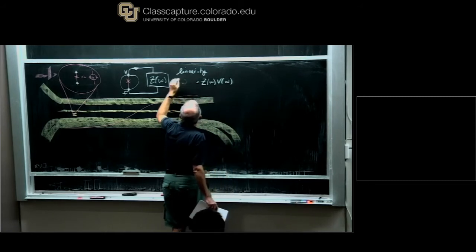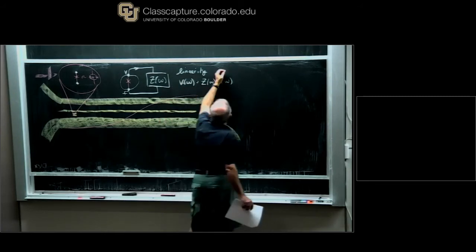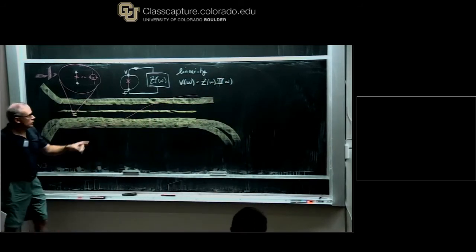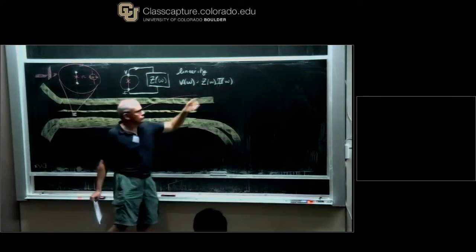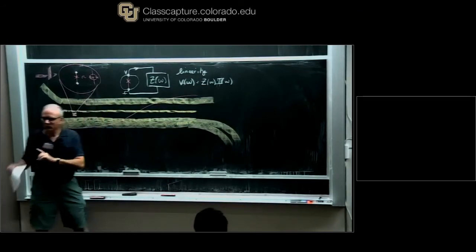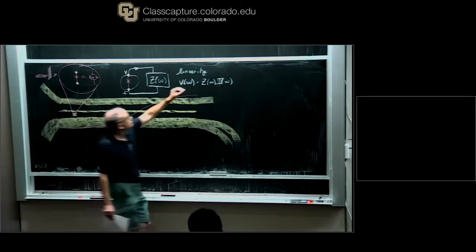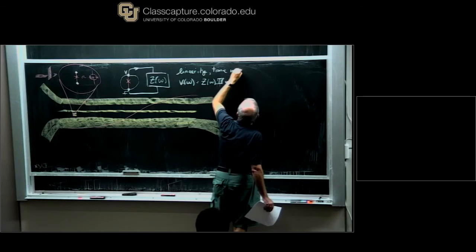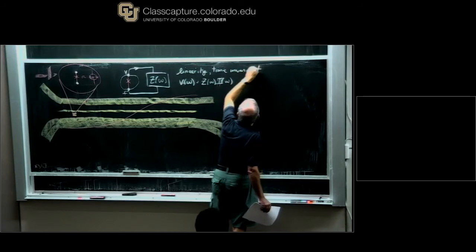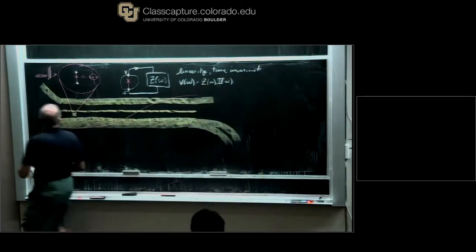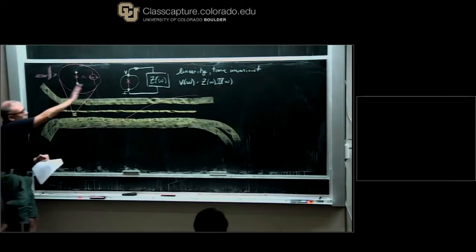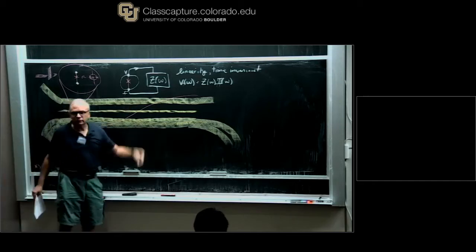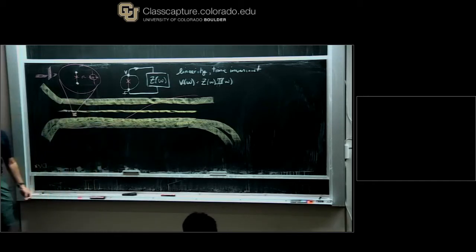Whoops, am I doing it the wrong way? V of omega, I of omega. So it's the linear response coefficient, and because it's linear and time invariant, I can go to the frequency domain. And everything that you can possibly need to know about all this metal stuff is incorporated in this one function, this one scalar function. That's the idea.